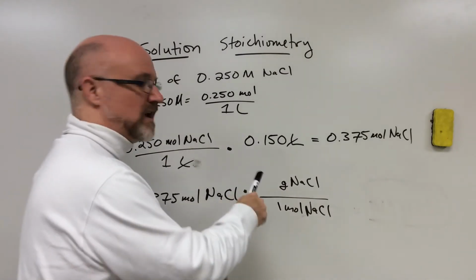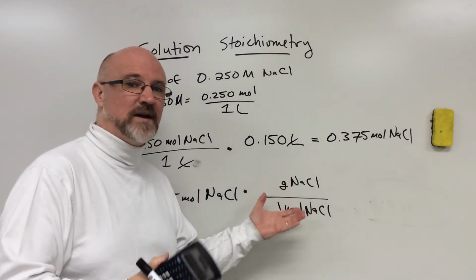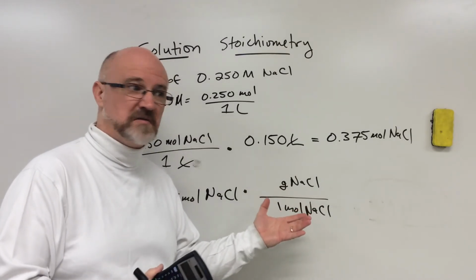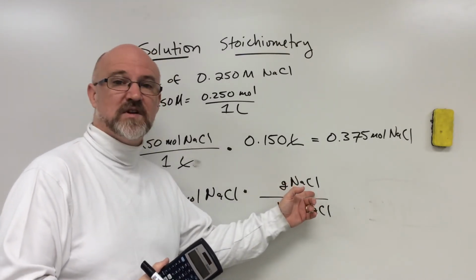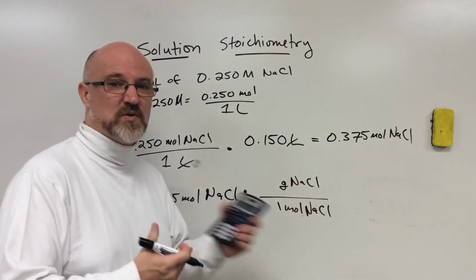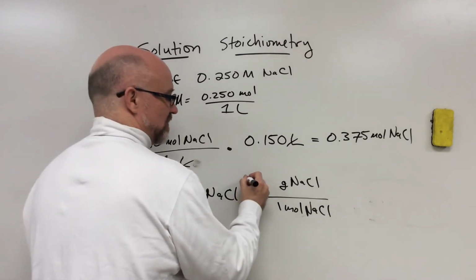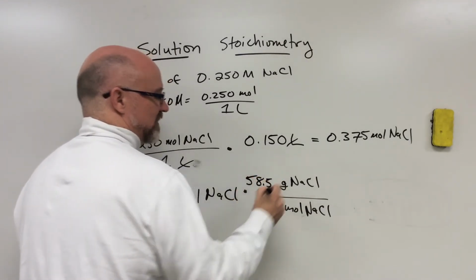Molar mass of NaCl. Well, sodium, if I go to the periodic chart, is 22.9, let's call it 23. Chlorine is 35.45, we'll call it 35 and a half, so 23 plus 35.5 gives me 58.5 grams per mole.